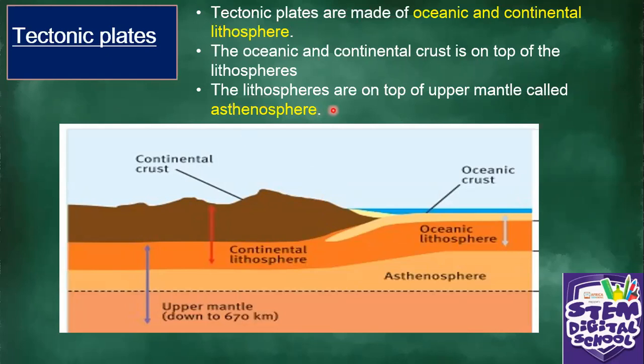The lithospheres are on top of the upper mantle called asthenosphere. So we have asthenosphere, lithosphere, that is continental and oceanic, and then we have the crust, also continental and oceanic. Asthenosphere, lithosphere, crust, or tectonic plates.